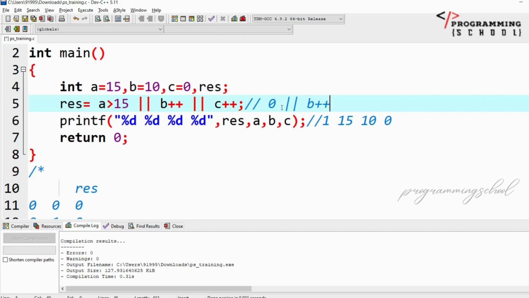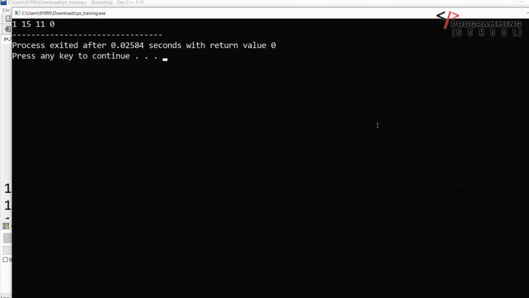At this position, it is treated as 10 only. 10 is a non-zero value, so that is treated as true, and it never moves to the next statement. Why? Because this is true, so the next statement is not executed. But B is incremented. The answer is 1, 15, 11 and 0.